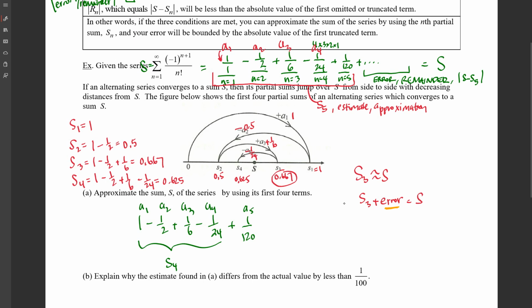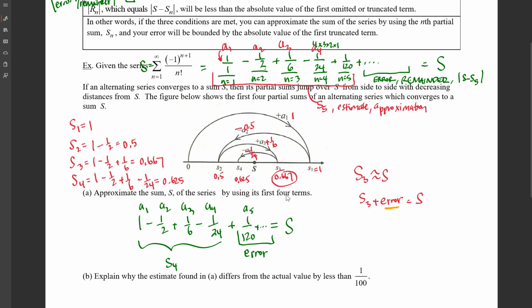If I say that S4 is my approximation, of course this has a lot of numbers. This is my error. If I say that S4 is an approximation for my S, let's take a look at my S4 right here. How far away from S am I? Well, just this distance right here. But whatever distance it is, it's smaller than this next jump that I'm going to have from S4 to S5.